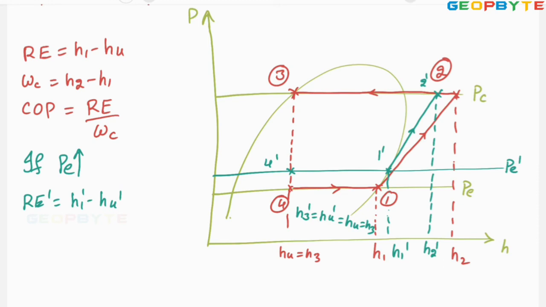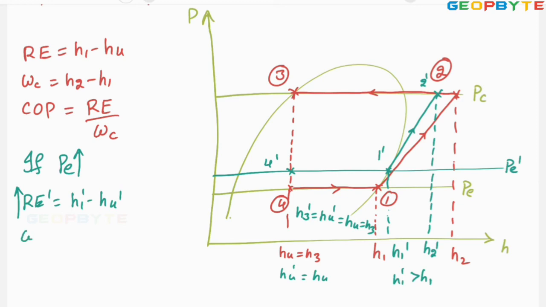H4 dash and H4 both are identical. Since H1 dash is more than H1, refrigeration effect increases by increasing the evaporator pressure.